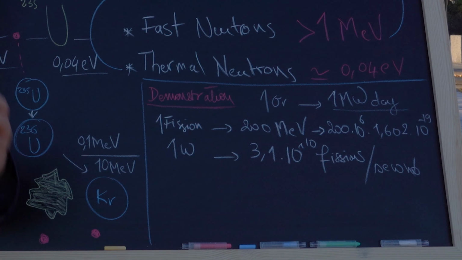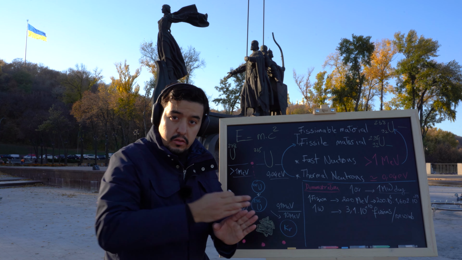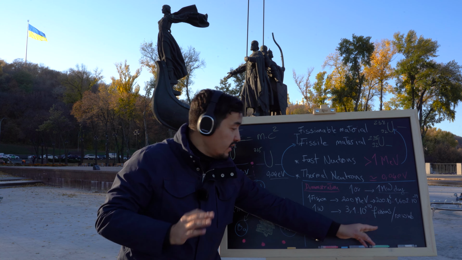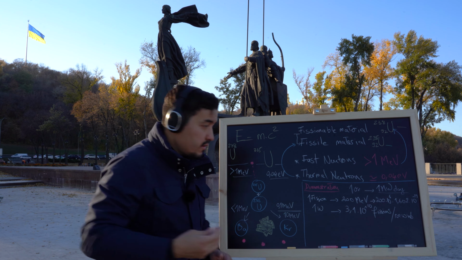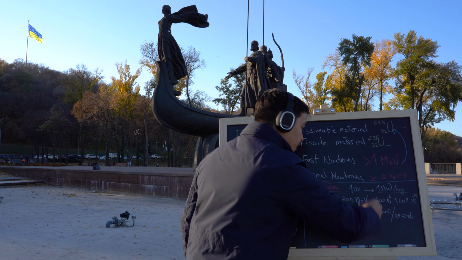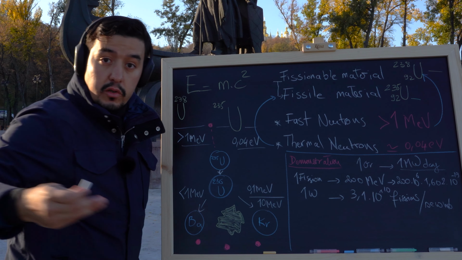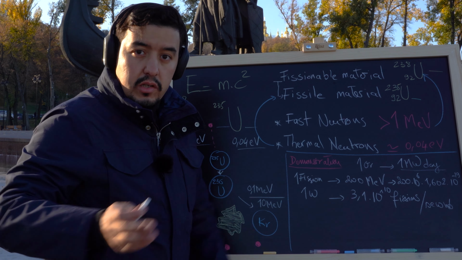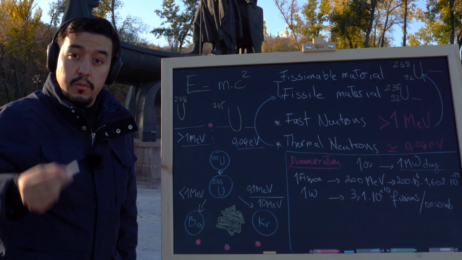This is how many uranium atoms need to split each second to produce 1 watt, because watt is joule per second, right? So you need 3.1 × 10^10 fissions per second. This is like saying you need 31 billion fissions per second to produce 1 watt, 1 joule per second.